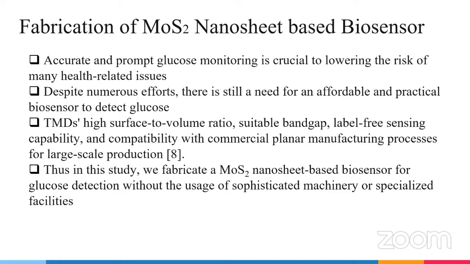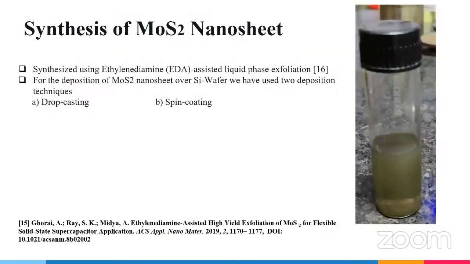Since we are using MoS2, we have tried to exfoliate the bulk MoS2 into a nanosheet. For exfoliating the bulk MoS2 into a nanosheet, we have used a hydrothermal process.